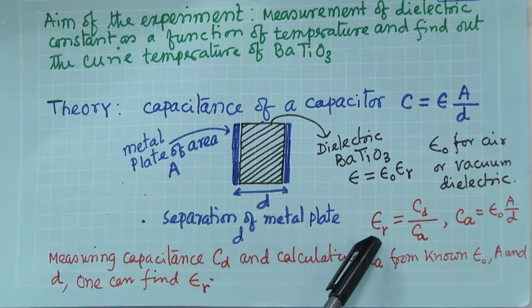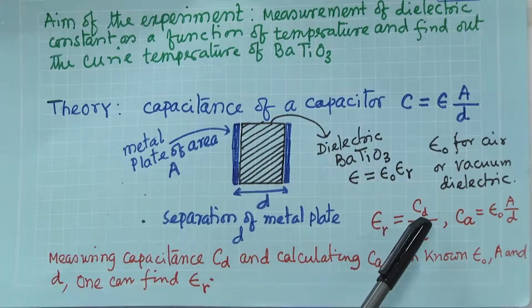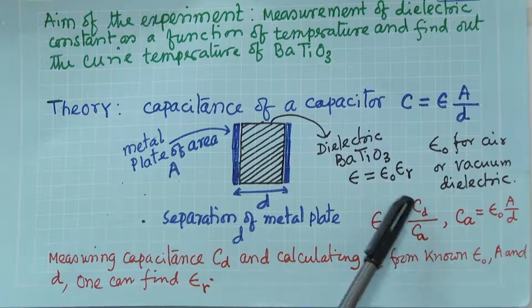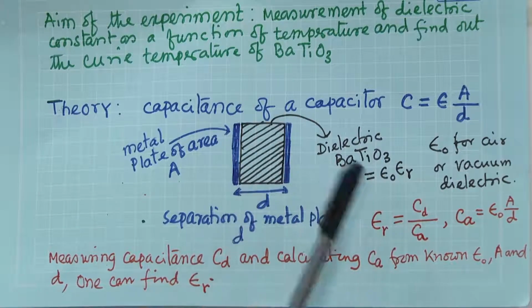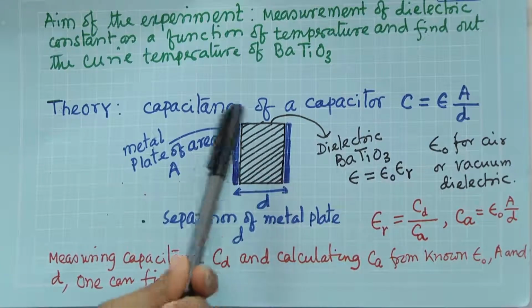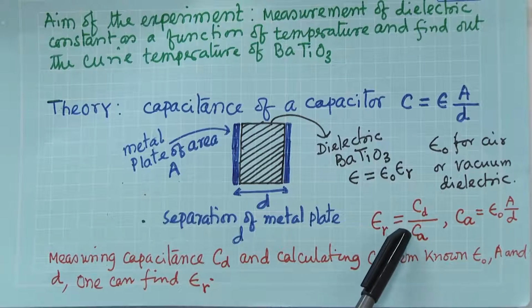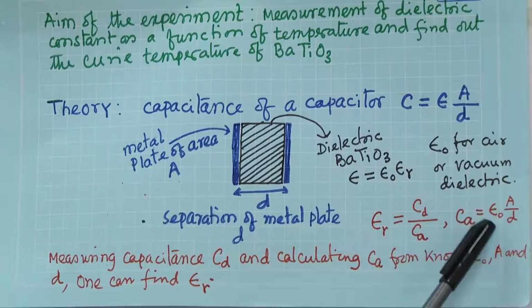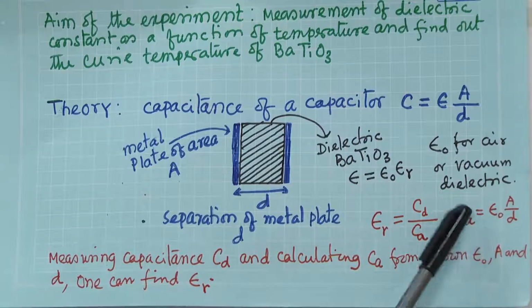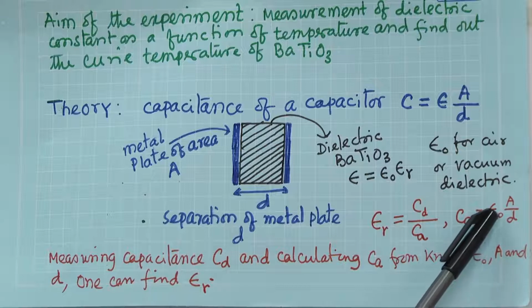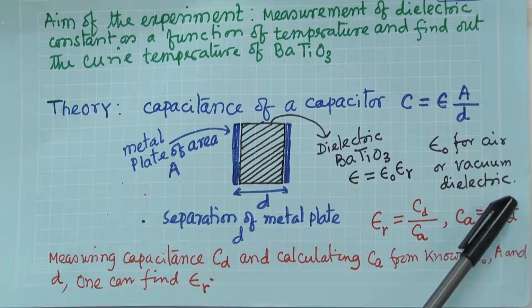So, epsilon r is basically the ratio of the capacitance with dielectric and the capacitance without dielectric. Okay. And here is epsilon 0 A by d for free space. Epsilon 0 is known, A is known, d is known.